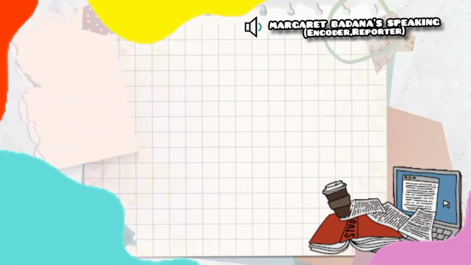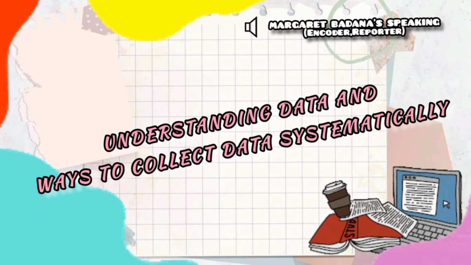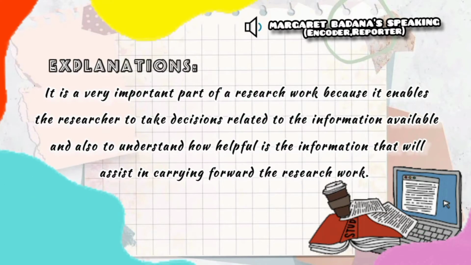And now, let us begin the report with the topic Understanding Data and Ways to Collect Data Systematically. It is an essential component of a research project because it allows the researcher to make decisions based on the information available and to understand how useful the information will be in carrying out the research.